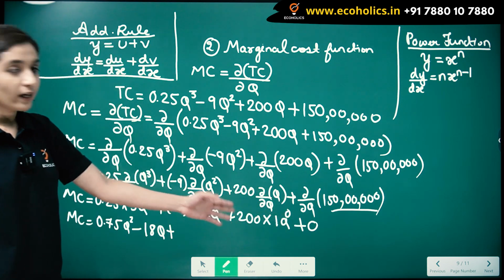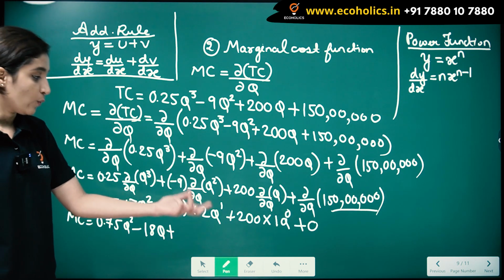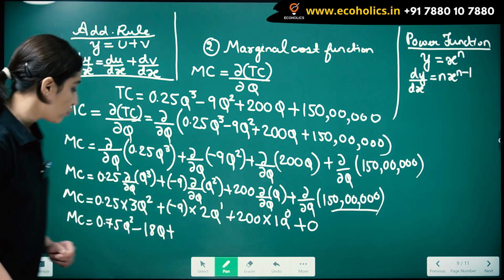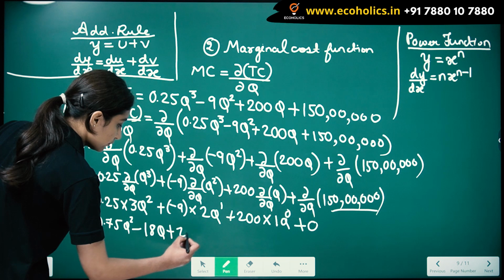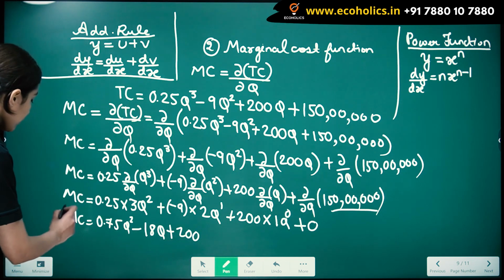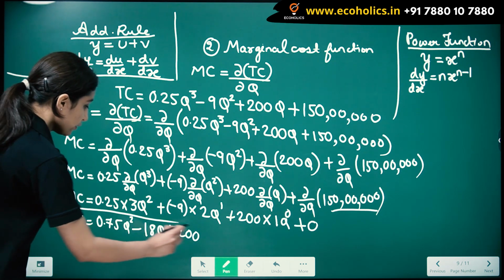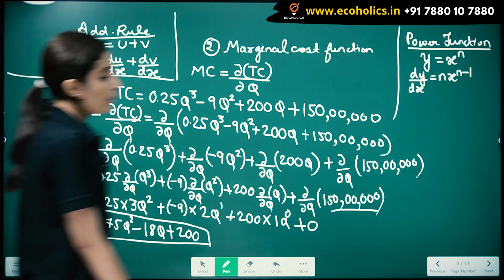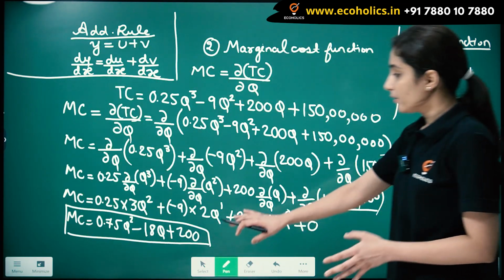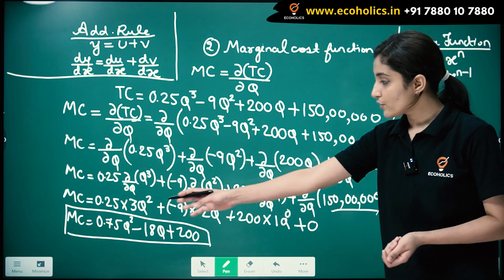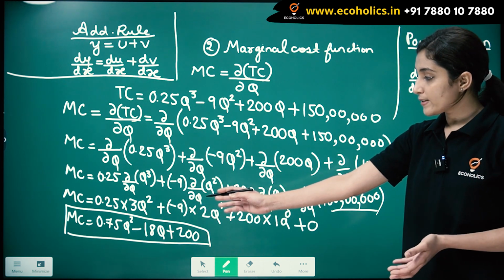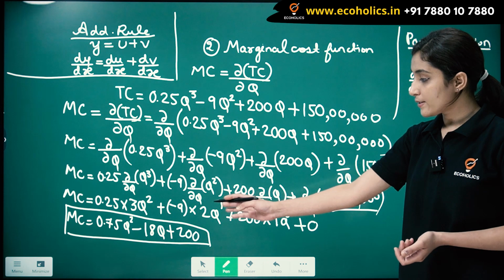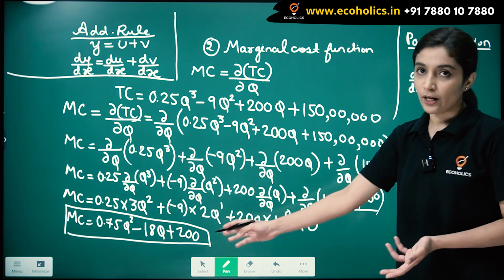Now we already know that q raised to 0 is always 1. So this will be just 200. This is our marginal cost function. Now this completes our second part, that is marginal cost is equal to 0.75 q square minus 18q plus 200.